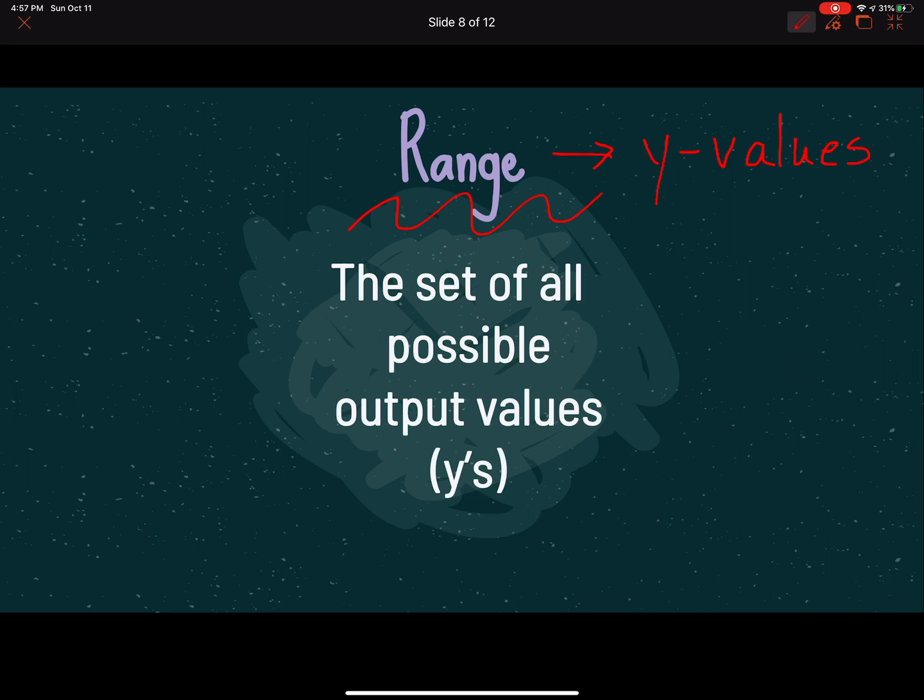And something that I try to help my students think about to remember this, because it can be confusing, in your ordered pair you have your x and y. These are alphabetical. So when you think about your domain and range, domain is also alphabetical compared to your range. So in the alphabet, D comes before R, just like X comes before Y.